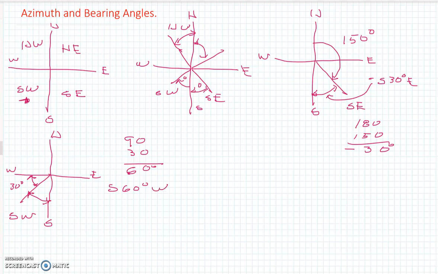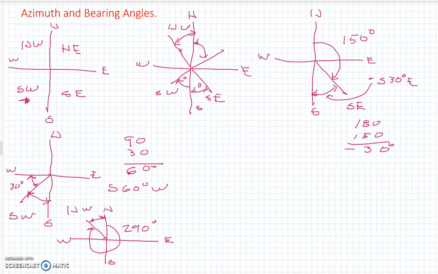Okay, another example over here. They give you this north, south, east, and west. They give you this angle over here, and I call this 290. I can call it azimuth if you want, because we know the definition of the azimuth. So they ask for the bearing. The bearing will be this, in which quadrant? Northwest.